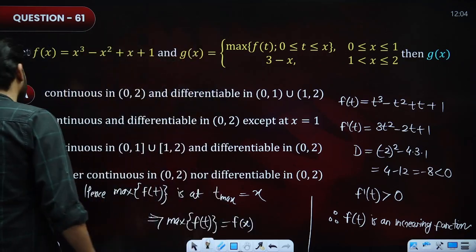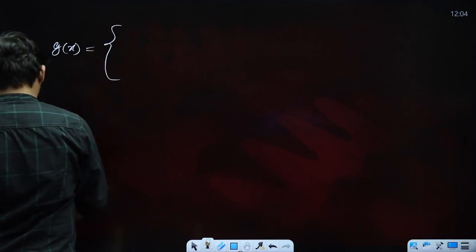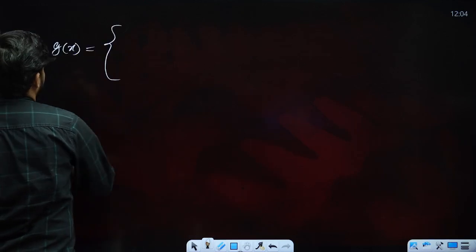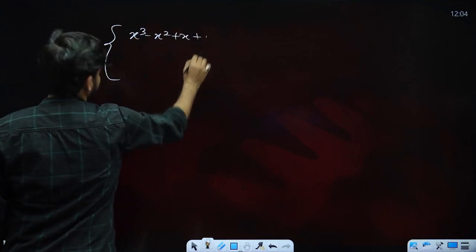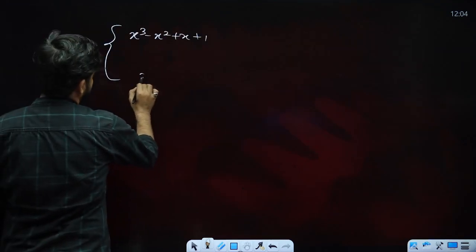So now g of x is equal to the maximum of f of t. Here we can write f of x: x cube minus x square plus x plus 1, and 3 minus x.